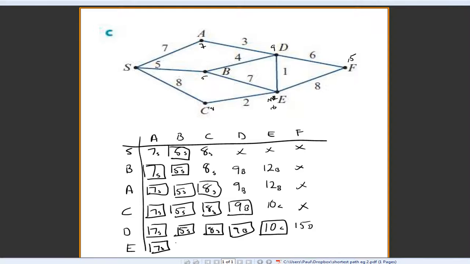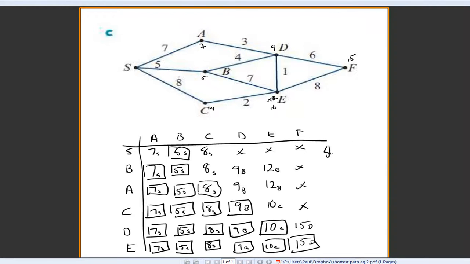Boxed values get written down: 5 from S, 10 from S, 9 from B, 10 from C. And we're at E. E is on 10. 10 plus 8 is 18. 18 doesn't beat 15, so 15 stays there. And we box it because it's the only one left over, so obviously it's the smallest one.